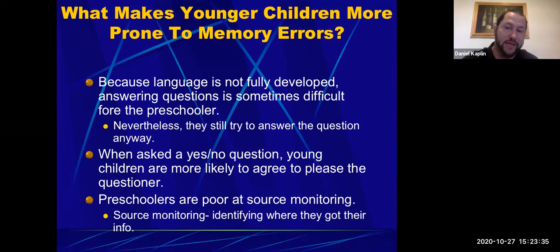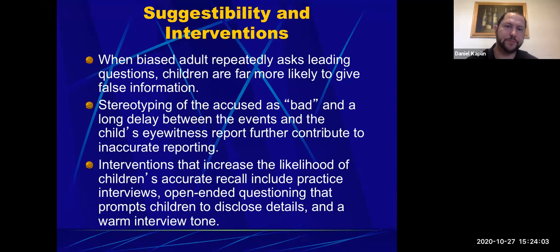When you ask a yes/no question, which is probably not good for eyewitness testimony, there's a natural tendency for young children to want to please the person asking the question. So they'll say whatever they think the person wants them to say. That's a problem. And in terms of source monitoring, many times they don't remember where they got the information, but they state it as fact anyway.